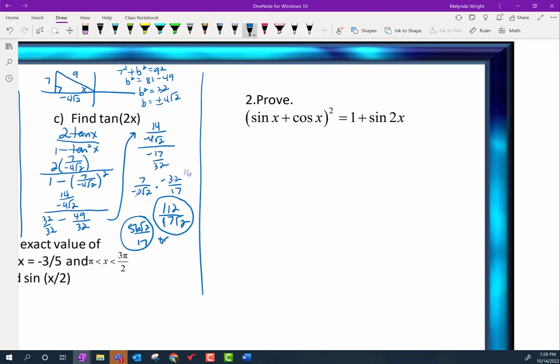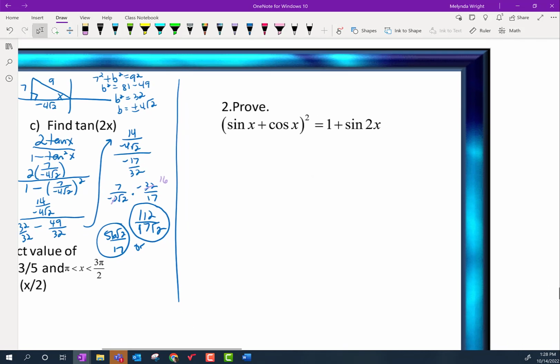So let's do a proof. I would rather work on the left side than the right because I'm not sure how I'm going to turn 1 plus sine 2x into something squared. That seems kind of hard. So I would rather unsquare that side. So I'm going to work on the left side and I'm going to just FOIL that out.